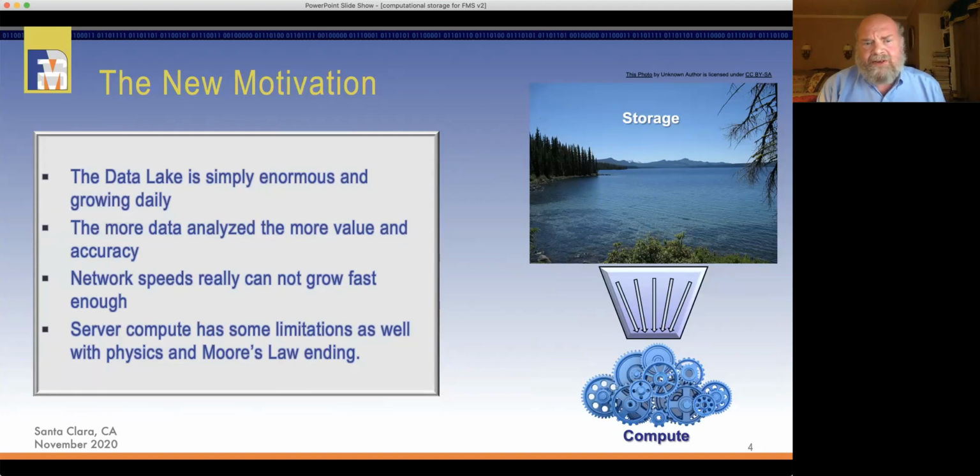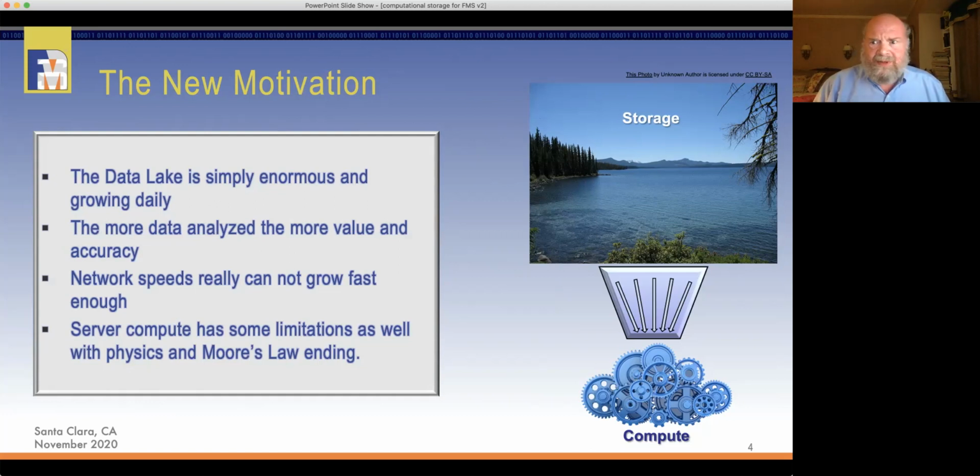It really gets back to what we said at the beginning. The data lake is just simply enormous, and it's growing daily. I believe the statistic is still true that in the last 2 years, we've created more data than was previously around. I'm sure those of you with kids can attest to the fact that your kids are providing a lot of the water in that lake.